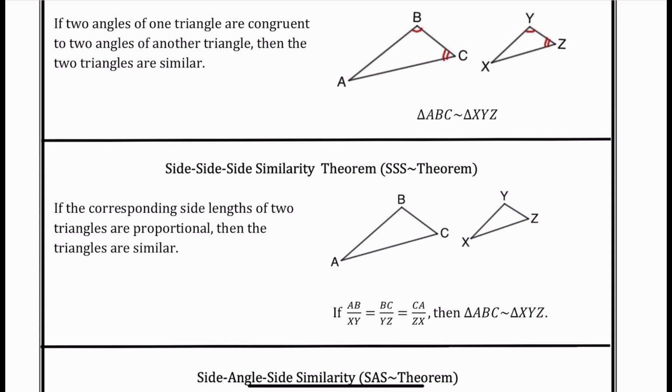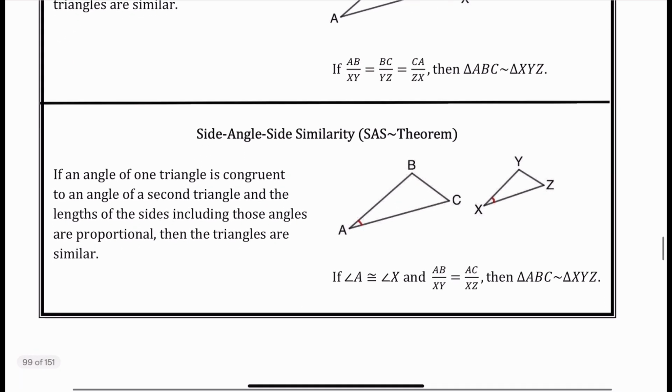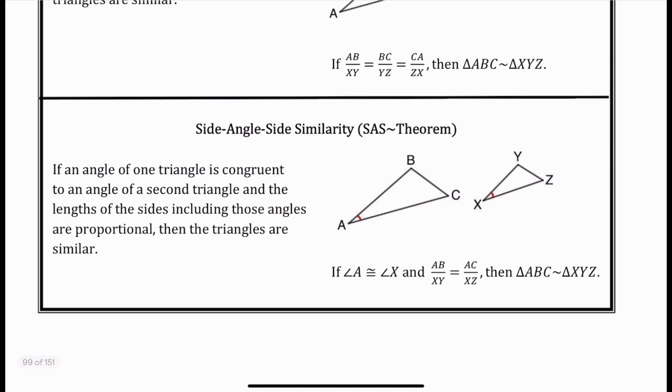Now remember, similarity doesn't mean they are exactly the same size and shape. That would be congruent. But all of the angles will be congruent and all of the sides will be proportional. Our side-angle-side similarity theorem says if an angle of one triangle is congruent, so right here we have angle A is congruent to angle X, and the lengths of the sides including those angles are proportional, so AB divided by XY is going to be equal to AC divided by XZ, then this would be side-angle-side similarity.